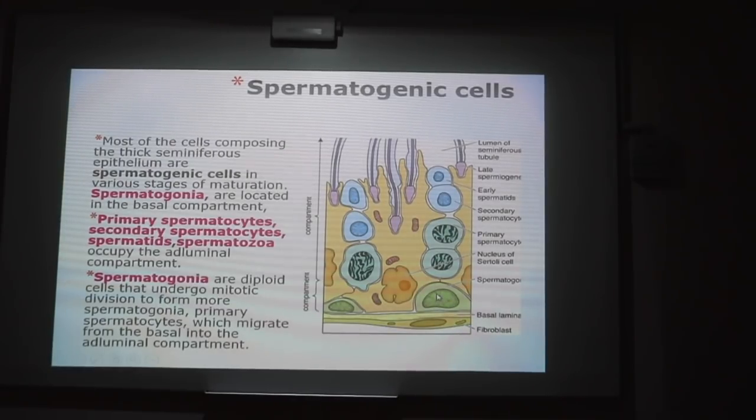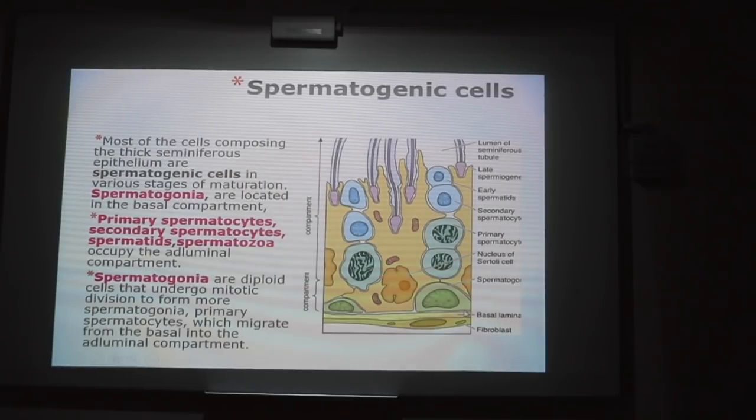The most immature cells, present in the basal compartment, are the spermatogonia. These spermatogonia divide by mitosis, so they increase in number by mitosis. There is no meiosis happening here. The spermatogonia are diploid cells, and they multiply by mitosis.